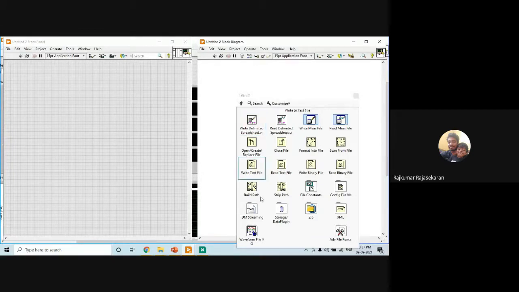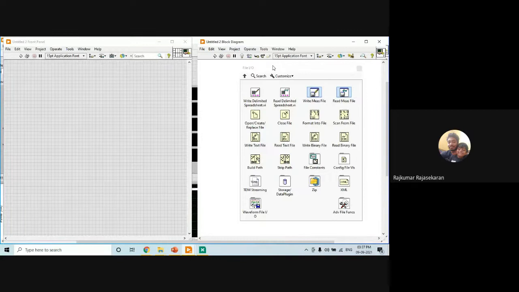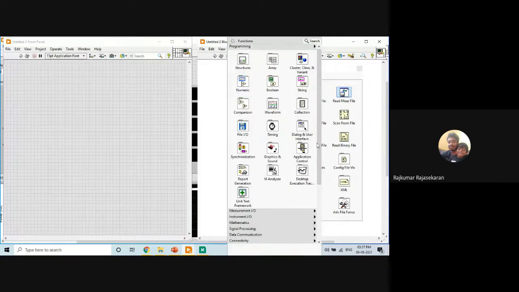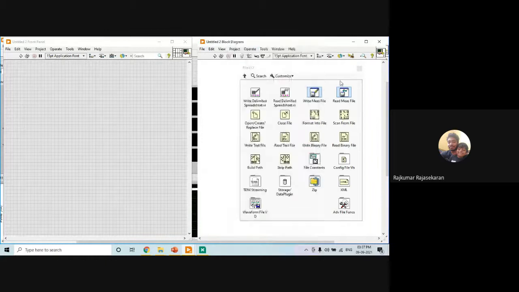And how do we do that? As I told, LabVIEW already has certain tools which enable us to work with files. Just like we have functions to deal with hardware, to create GUIs, and simple functions like addition and subtraction, we have dedicated functions to deal with files.